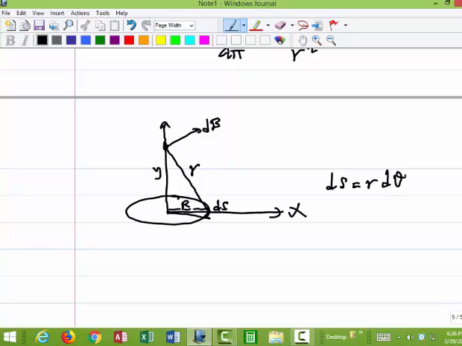It's going to go around the loop. Okay, and ds cross r hat is just going to be equal to ds, because in this case the unit normal vector r hat is at 90 degrees to ds. So ds cross r hat is just going to be equal to ds, and ds is r d theta.